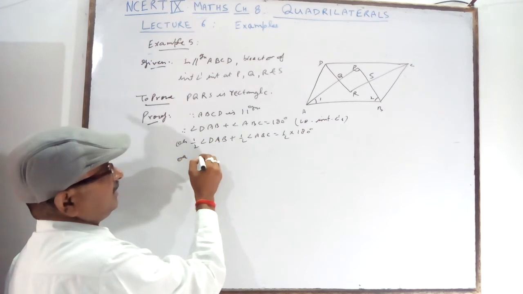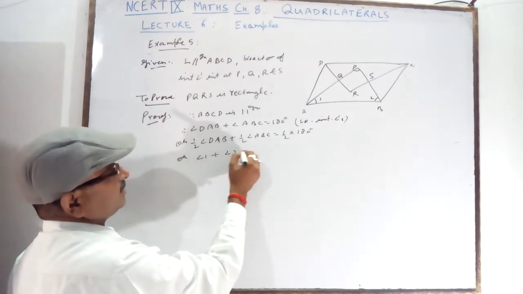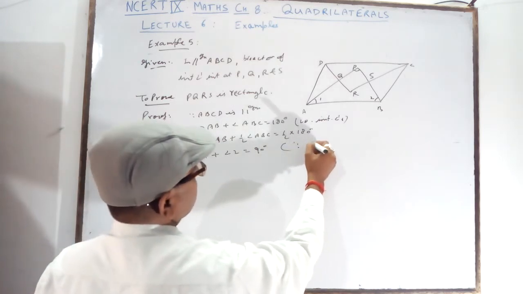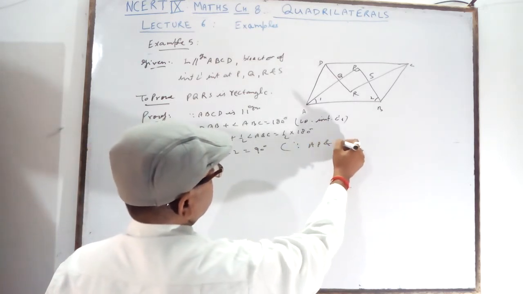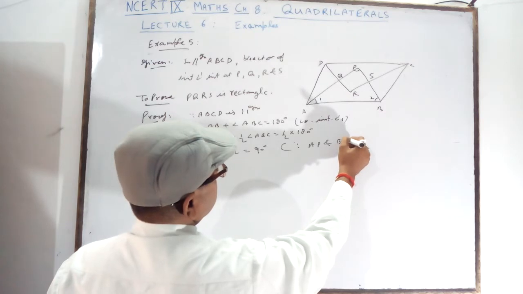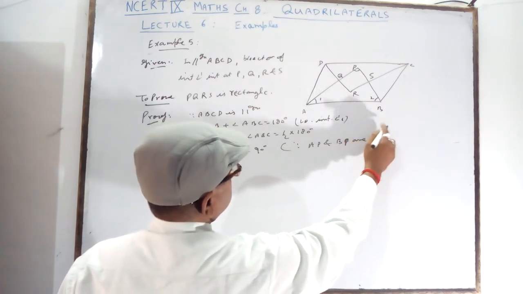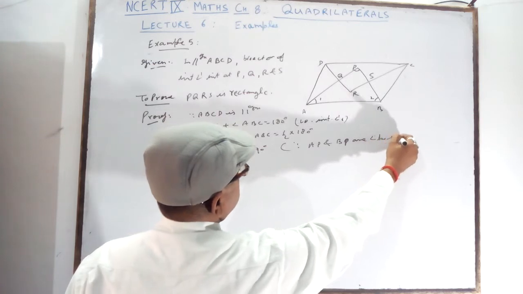This will be angle 1 plus angle 2 is equal to 90 degrees, because AP and BP are angle bisectors.